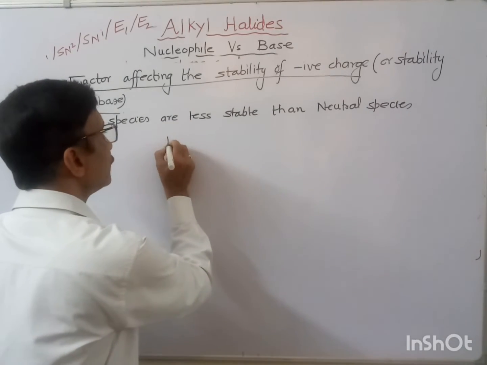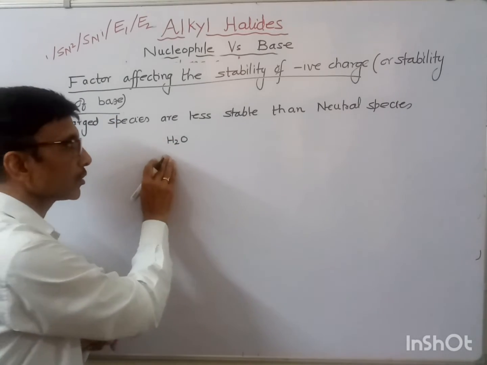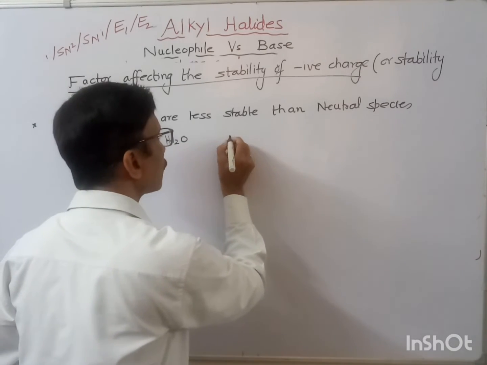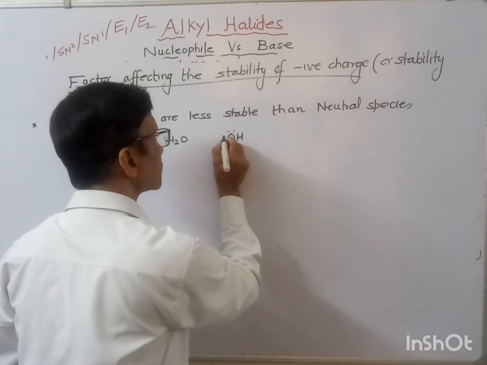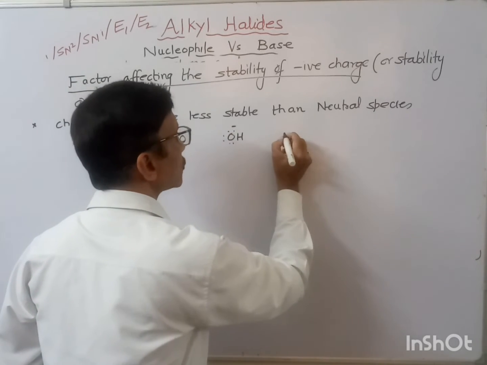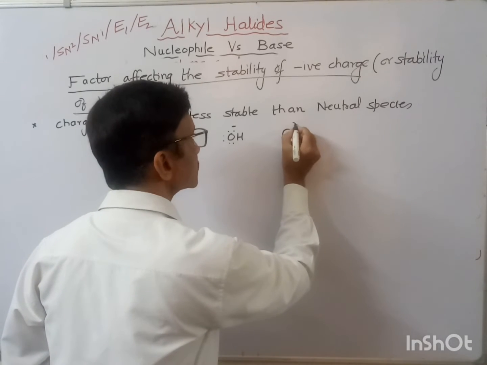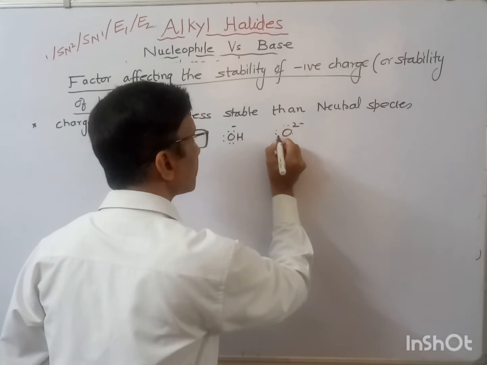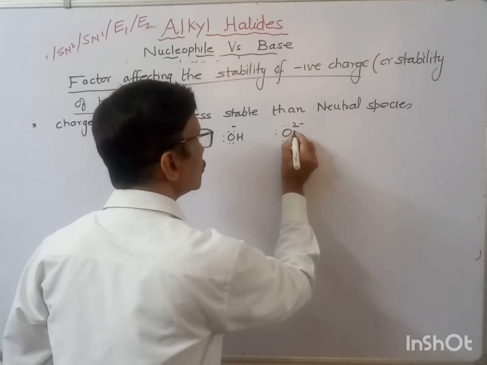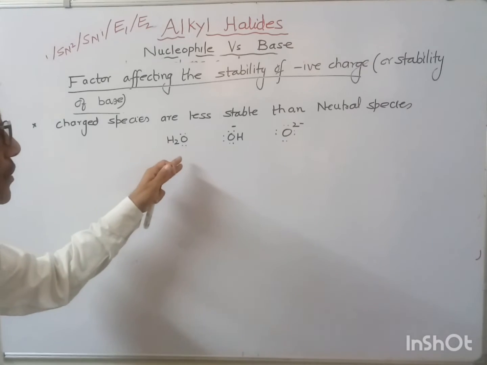For example, H2O loses one proton to form OH minus, and again loses a proton to form O2 minus. Which is more stable?